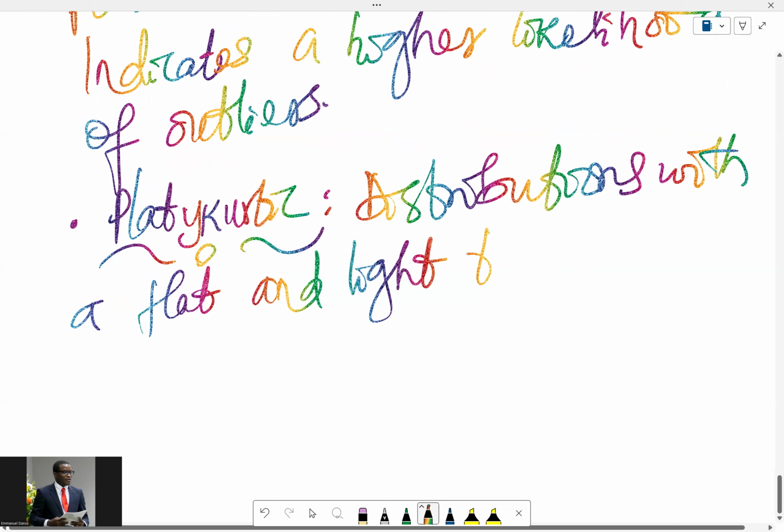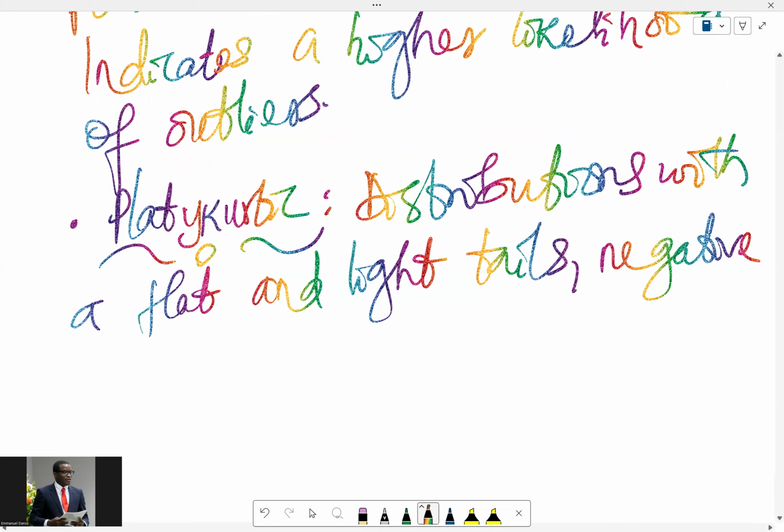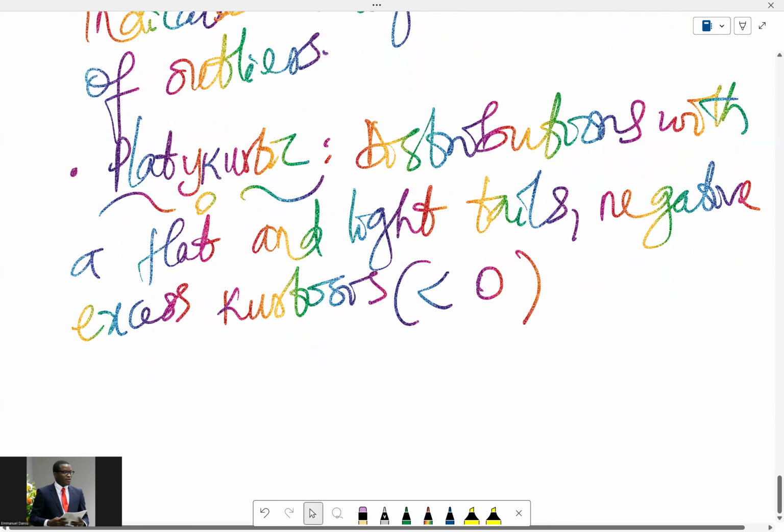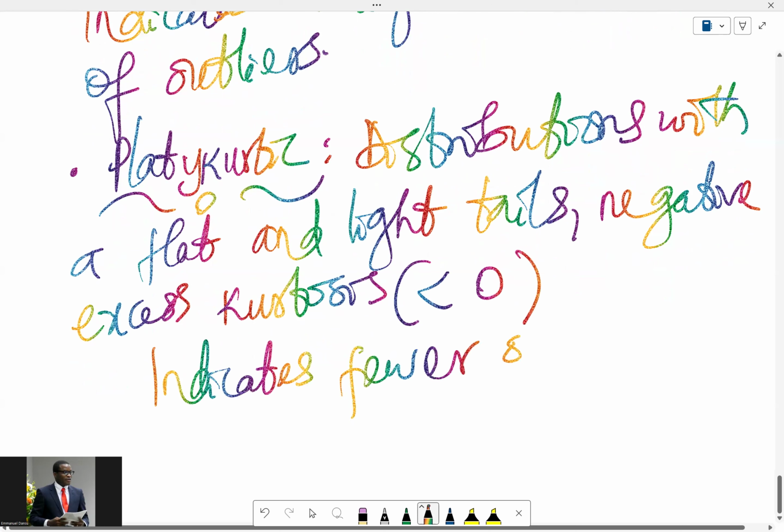In that case, you have negative excess kurtosis, which is less than 0. This indicates fewer outliers.